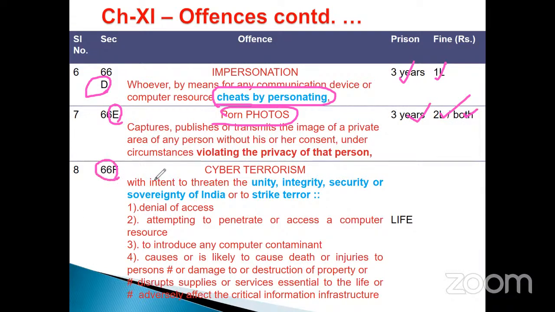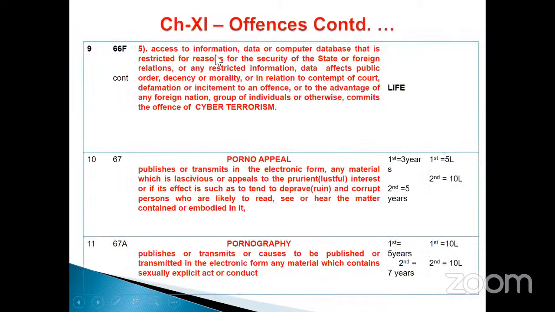66F, ferocious, cyber terrorism. There are 6 activities like denial of access, attempting to penetrate, introducing computer contaminant, causes likely to cause death, access to information, data or computer database restricted for reasons of security of the state or friendly relations with foreign states, any restricted information, data for reasons of public order, decency, morality, contempt of court, defamation, or incitement to the commission of offences.